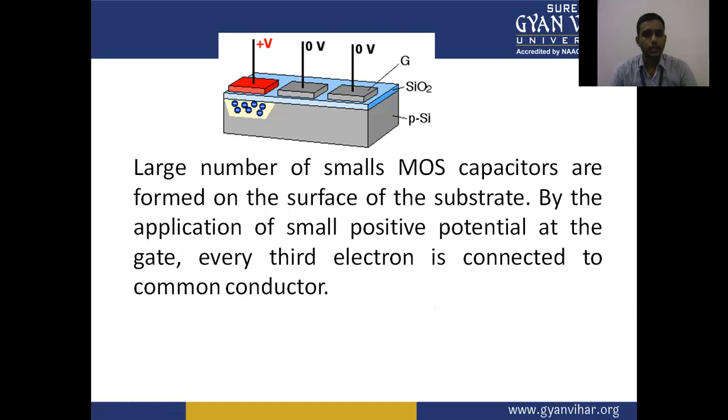A large number of small metal oxide semiconductor capacitors are formed on the surface of the substrate. So a P-type silicon substrate is used, oxidation on top of the substrate forms the silicon oxide, and with the application of a small positive potential at the gate, every third electrode is connected to a common conductor.